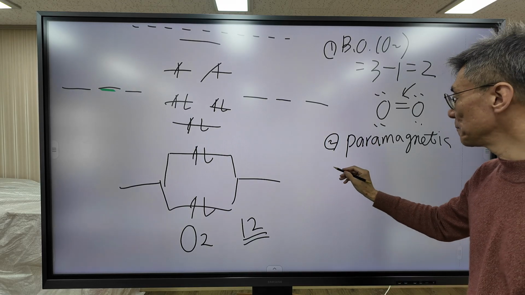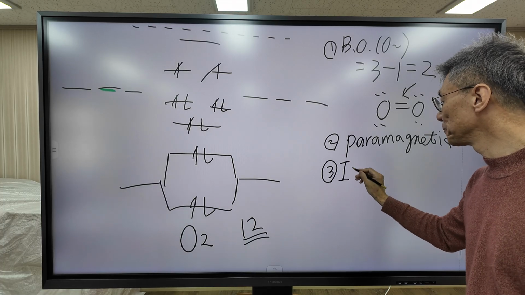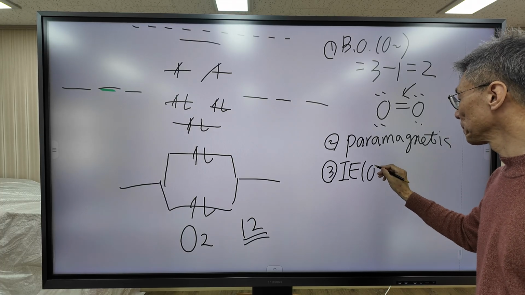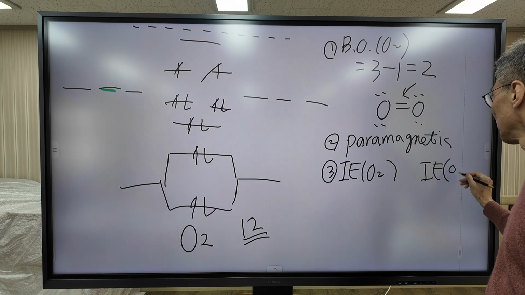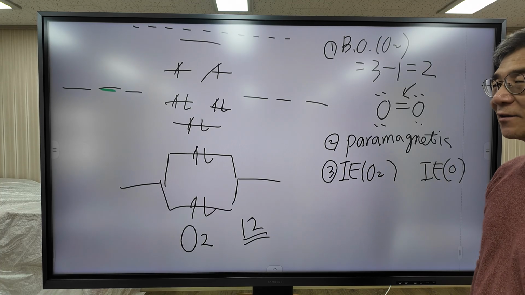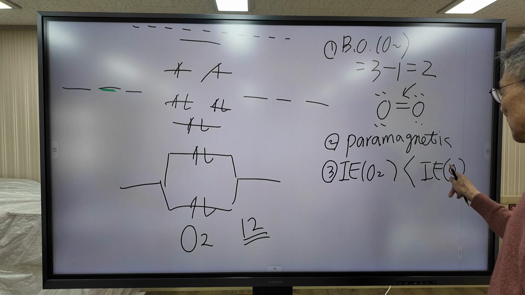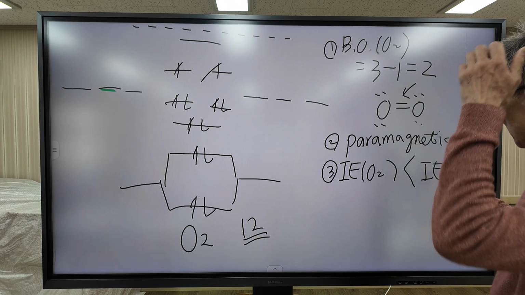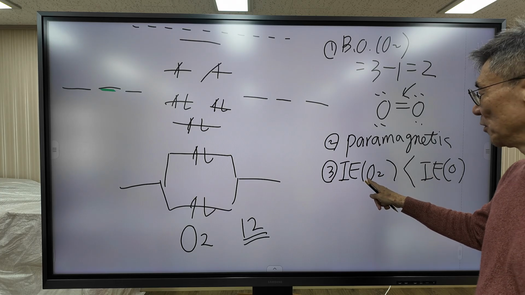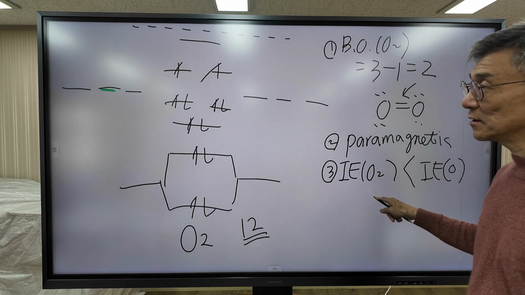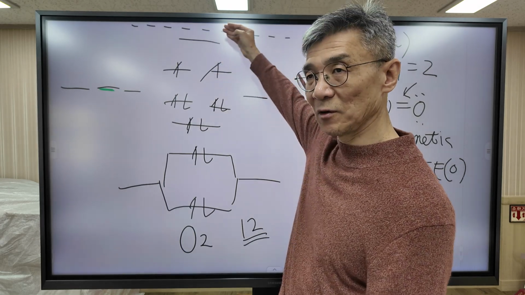Okay. Now I'm going to compare ionization energy, which one is larger than the other. In this case, atomic ionization energy is larger than the molecular ionization energy. Why? In this case, the electron is removed from the anti-bonding orbital.